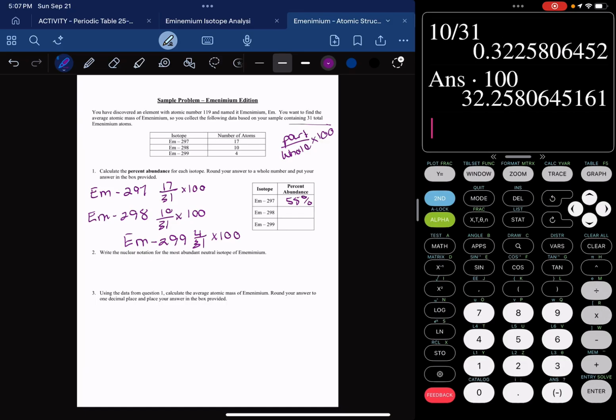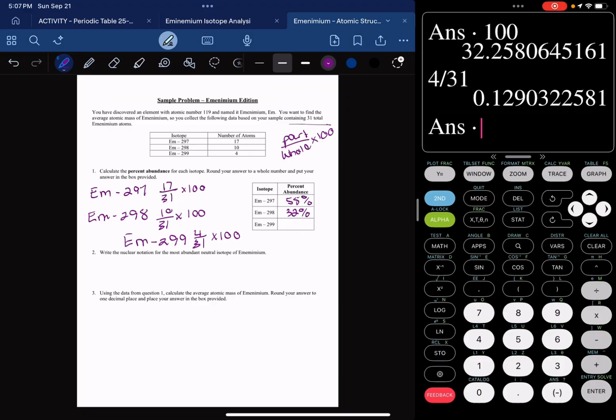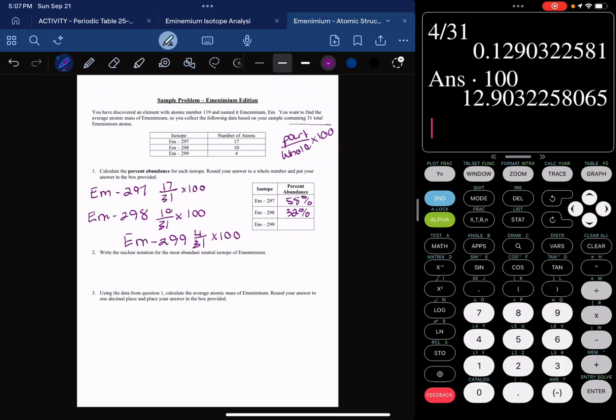And that one, if we're rounding, is 32%, looks good. And then this one is 4 divided by 31 times 100. And this one will round to 13%. Okay. All right, so that part is done.